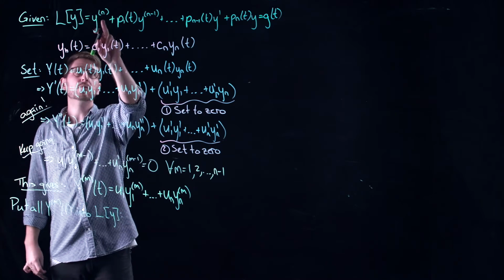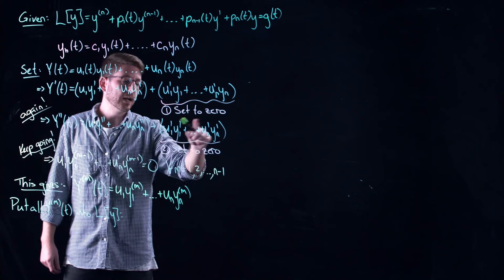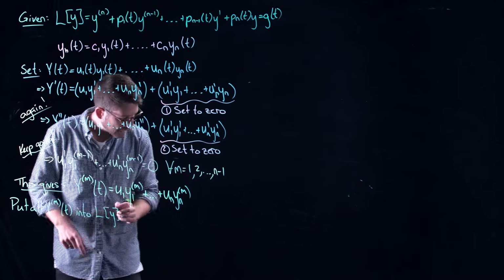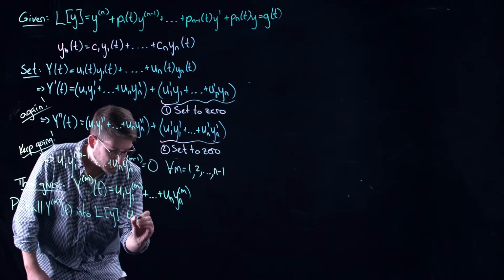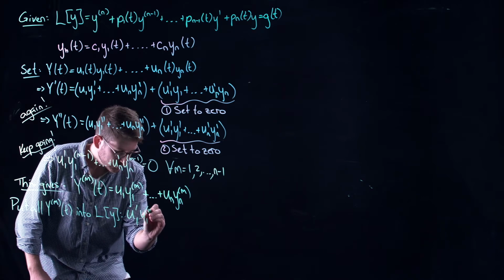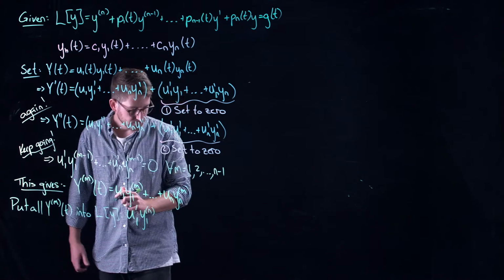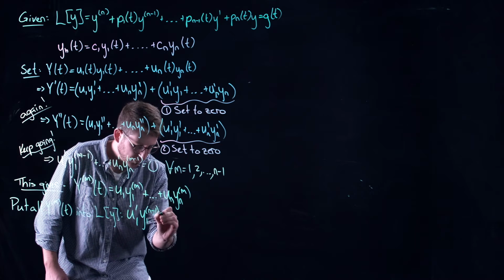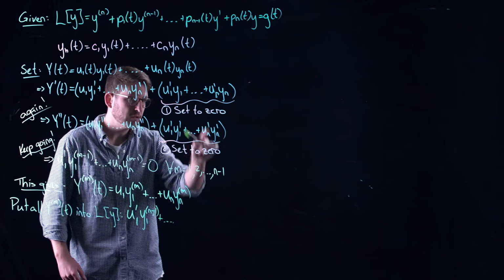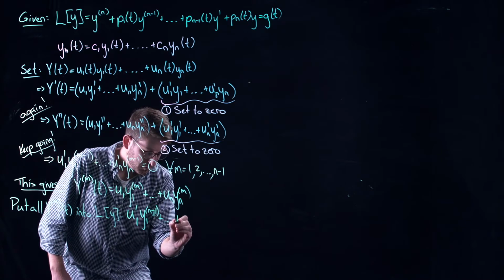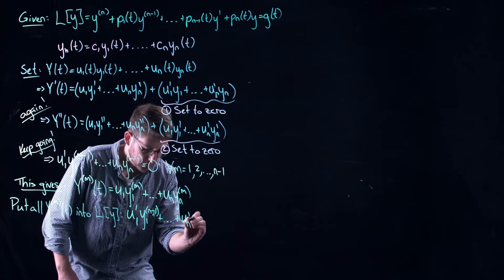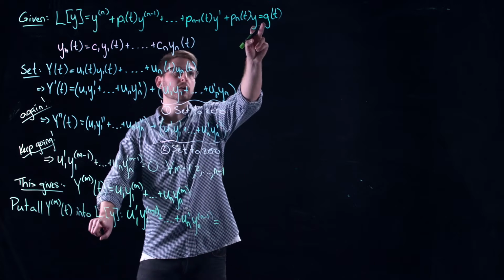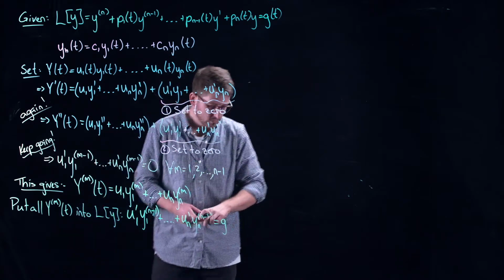The only thing that you are left with is the highest derivative term, which was not a condition that we set to 0, right? This only goes up to n minus 1. So this actually gives you u1 prime y1, the n minus first derivative, pardon me. And then all the way up, right? So it's the equivalent of this condition that was left out, plus un prime yn to the n minus first derivative. And because it's L of y equal to g, this thing is equal to g.